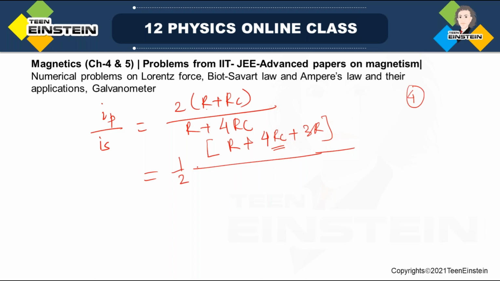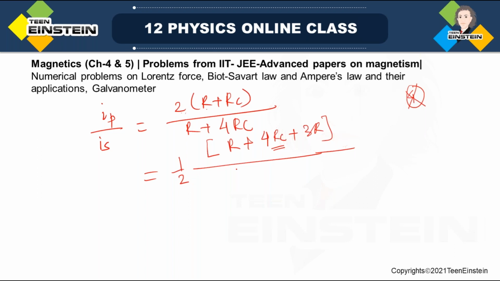Or we have taken two common again, or divide, yeah, so that it will be 4, and that is multiplied here. We have actually multiplied by 2 in the numerator and divided by 2.